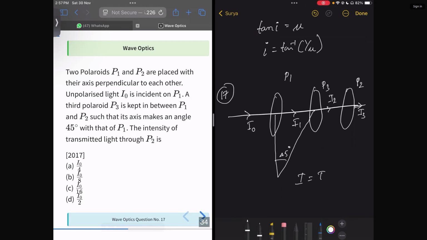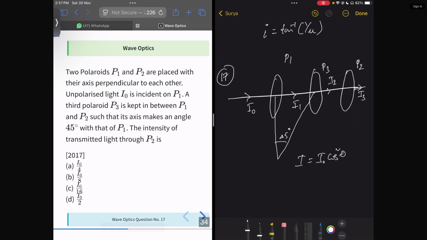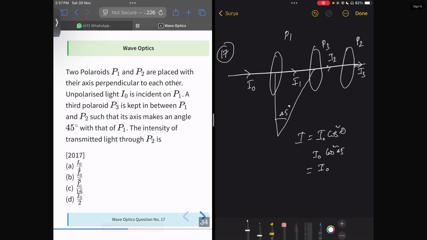I is equal to I0 cos square theta, with theta equal to 45 degrees, so cos square 45. I1 will be I0 by 2.